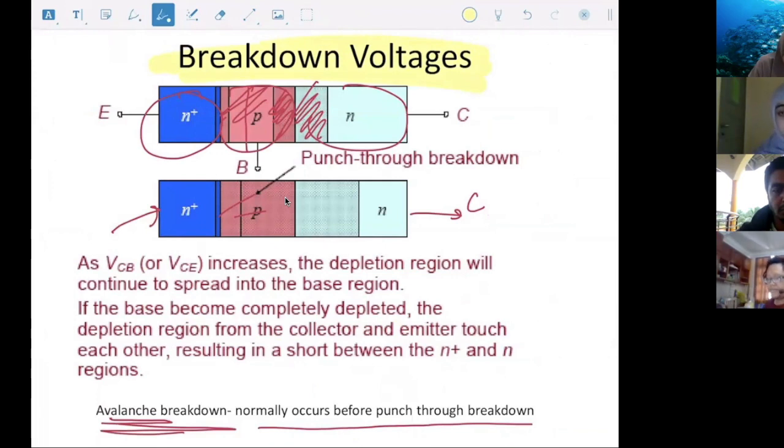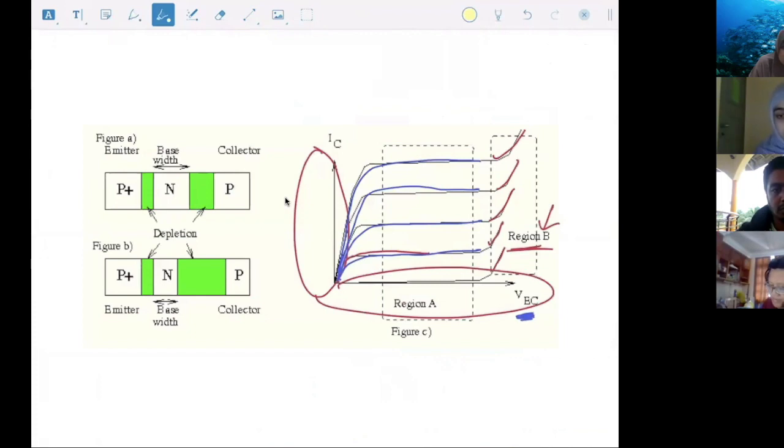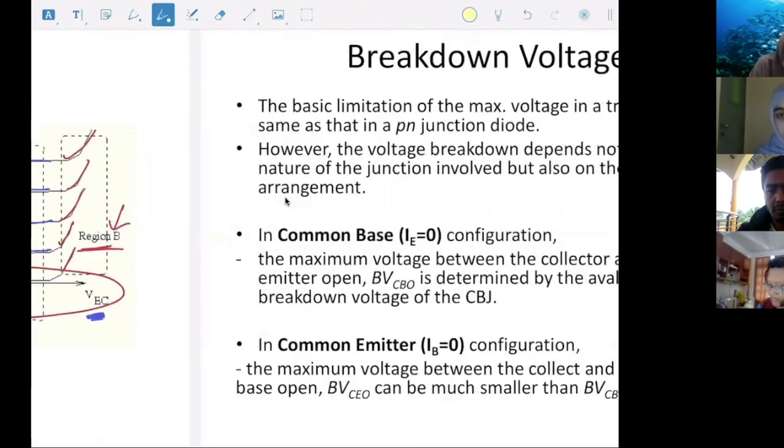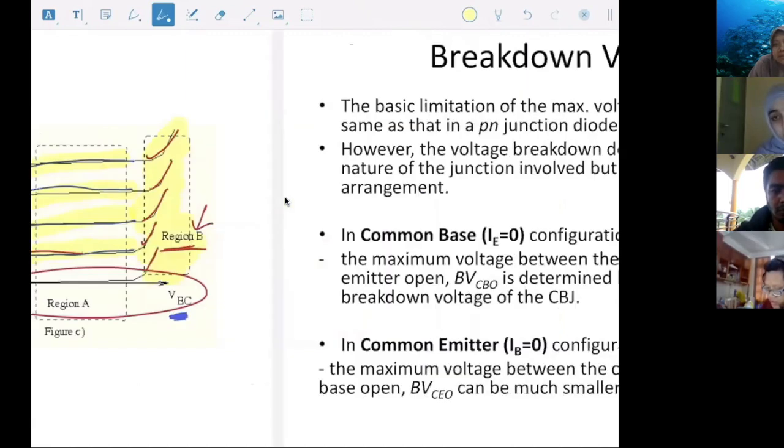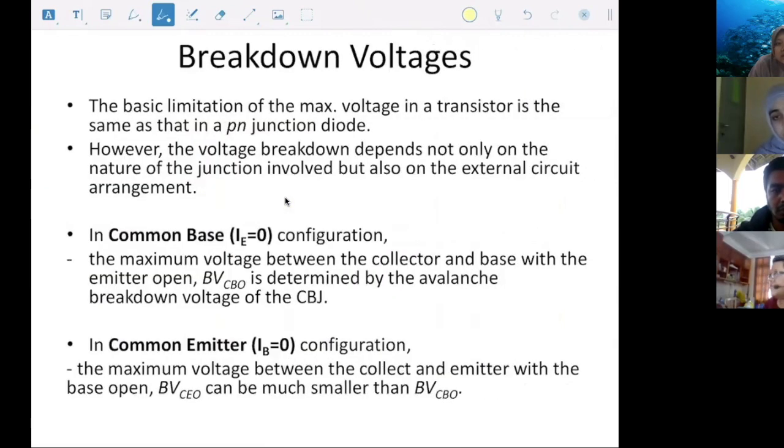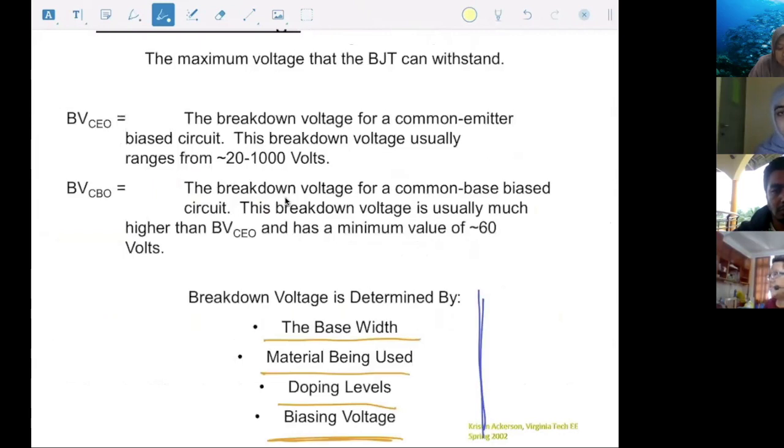The whole explanation was covered in the last class. So this is the breakdown region. When you see the current suddenly increase, that's breakdown. And this is the normal region. This one I did not cover fully, we covered a bit of it last class.